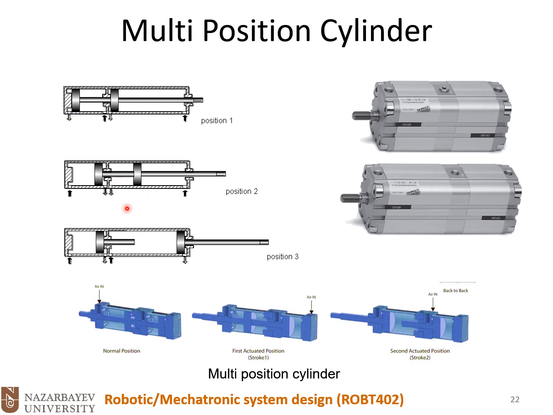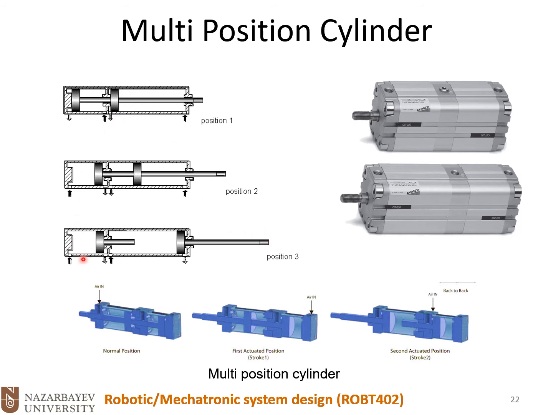So you see that the status of pressure on the ports of the front cylinder hasn't changed, but for the back cylinder or the rear cylinder, the status of the ports has changed and switched. So this is the second position, and the last position is when we have high pressure on the left chambers of both cylinders. And you see in this case, we are at position 3.